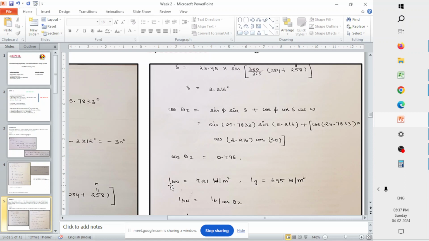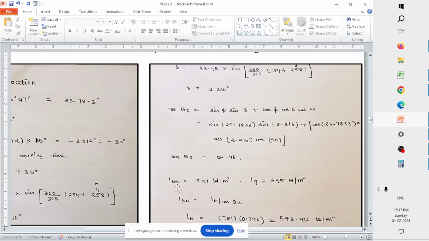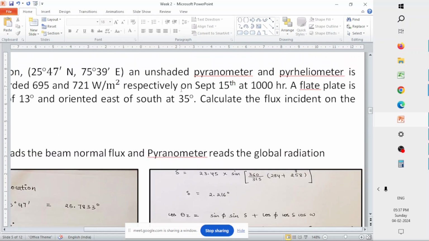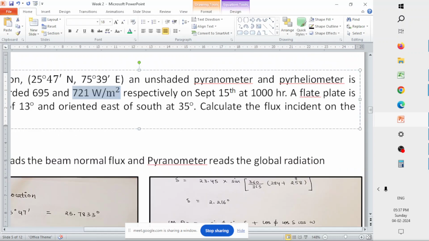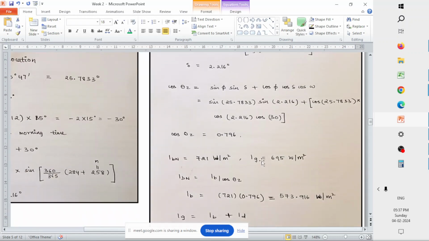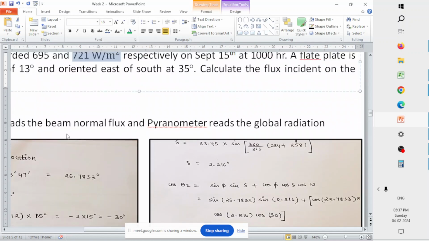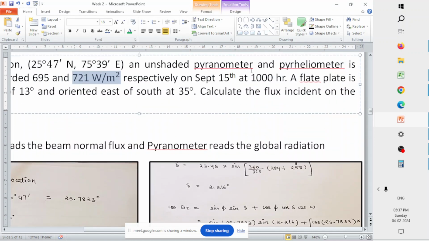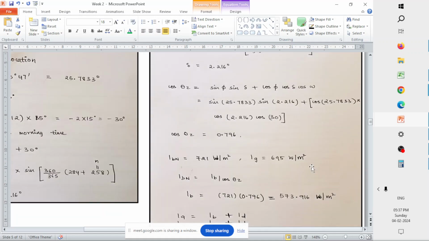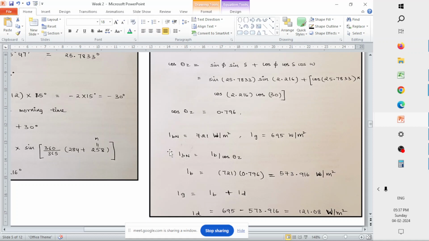Since the pyrheliometer reads your beam normal flux, the 721 that is given here is your IBN, and your pyranometer reads your global radiation, as we know from its concept. So that value will be 695 watt per meter square. This is the relation, IBN is equal to IB by cos phi z. So beam flux will be beam normal flux times cos of phi z.